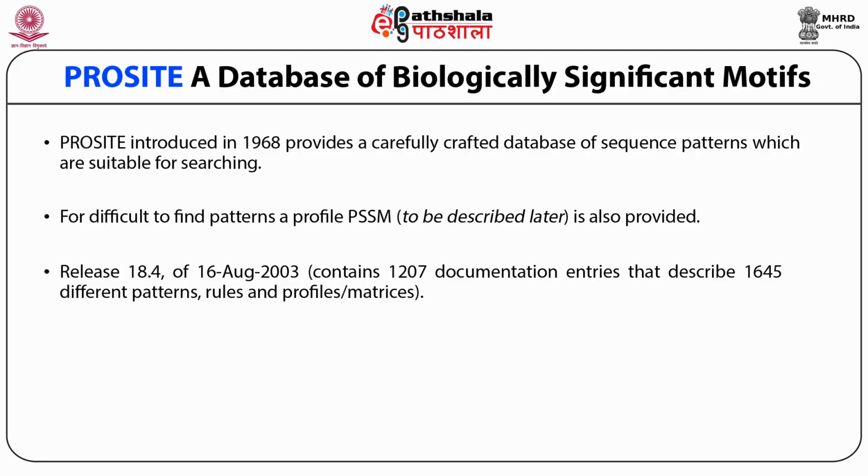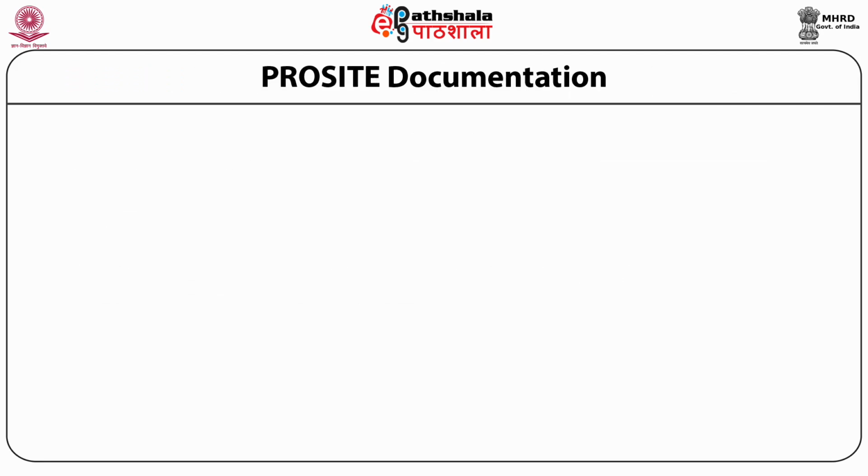Today the number is much larger. So they have made entries which correspond to a particular protein family, characterized by a particular pattern. So let us look at how those entries look.